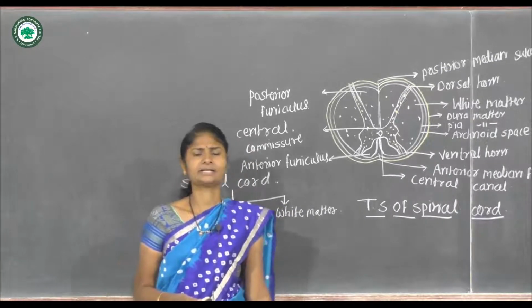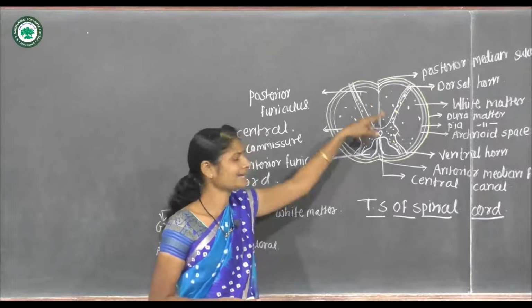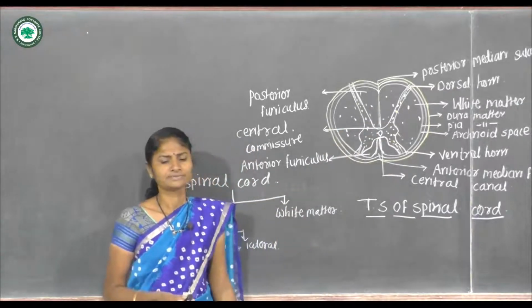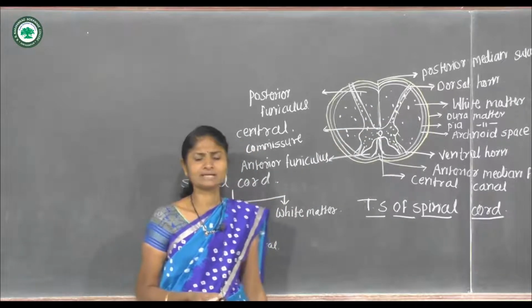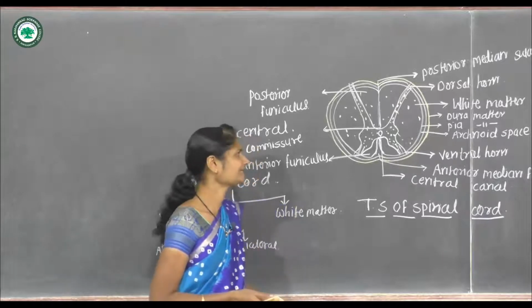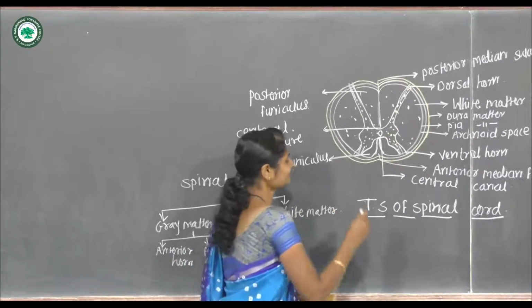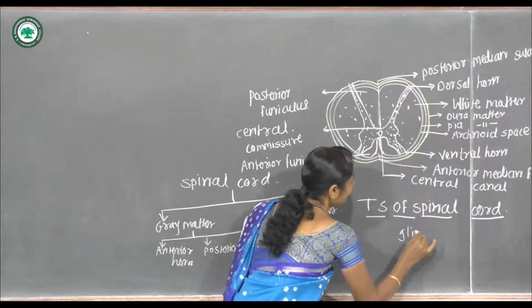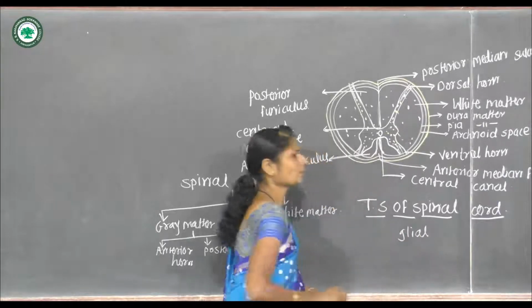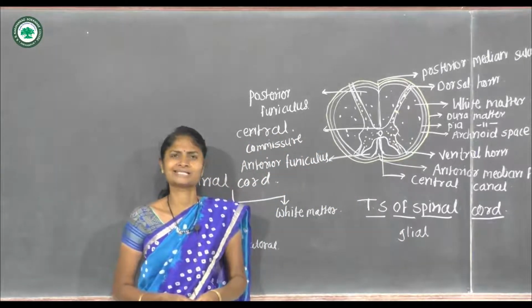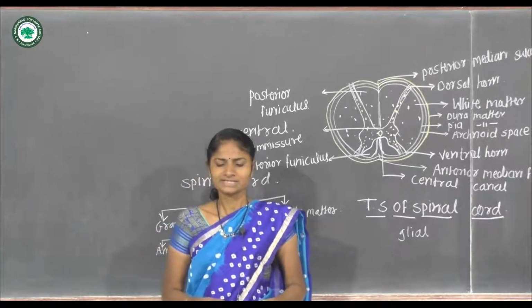This gray matter shows a butterfly-like structure that contains nerve cell bodies and supporting cells. These supporting cells are called glial cells, also called neuroglia cells.